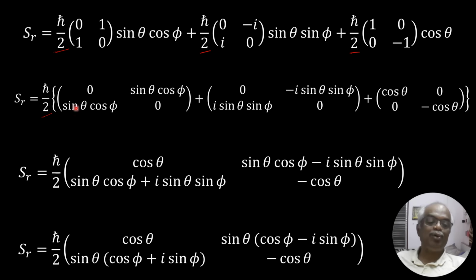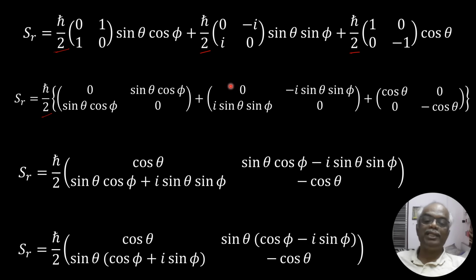Here also you have 1, so this will become sin θ cos φ. Here you have 0. Similarly, over here 0. Then you have −i sin θ sin φ, here plus i sin θ sin φ. Here you have cos θ, 0. Then 0, here 0, minus cos θ. Of course, we have taken ħ/2 outside.